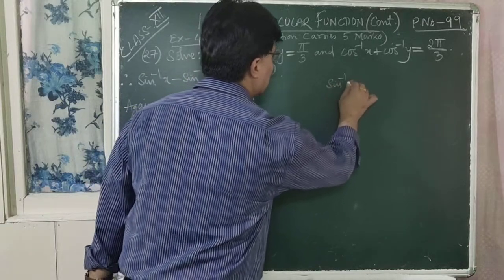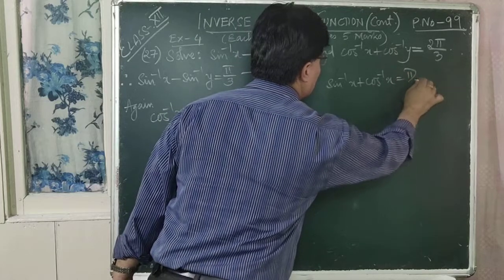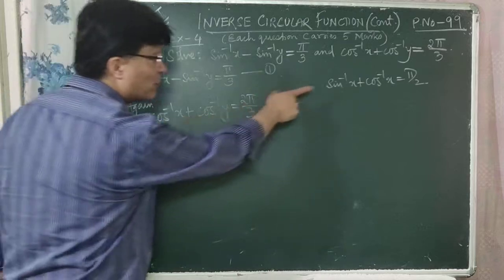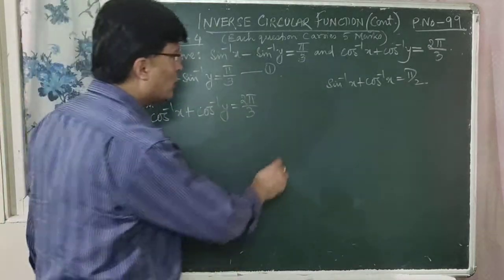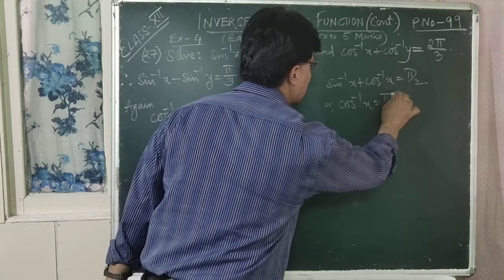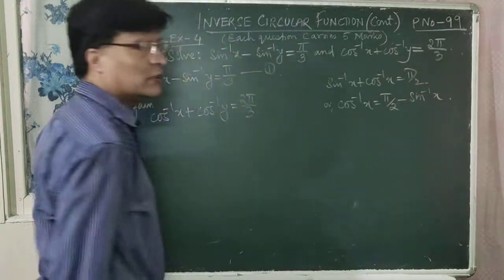You know this, sin inverse x plus cos inverse x is equal to pi by 2. That means you should get the formula for cos inverse x from here, isn't it? So cos inverse x is equal to pi by 2 minus sin inverse x.